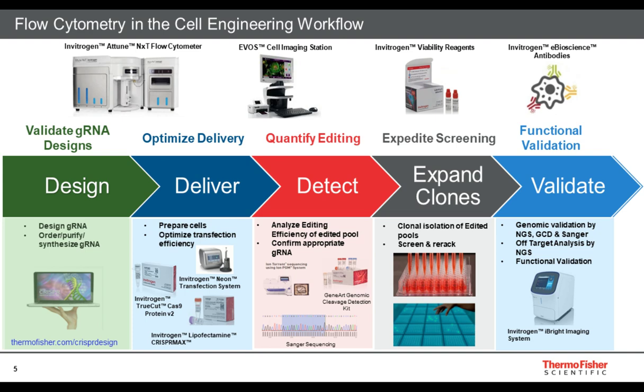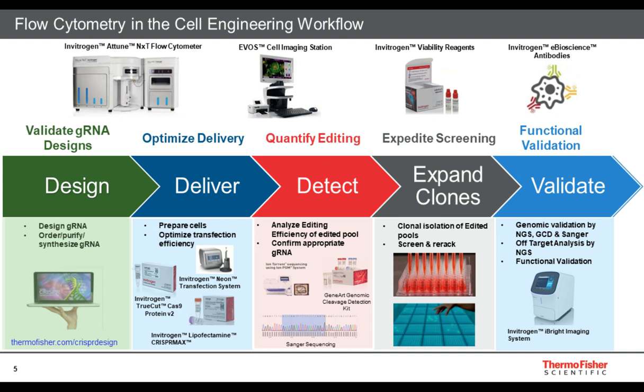You can use it to help optimize your delivery, as well as quantify your editing efficiency, and expedite the overall screening and clonal isolation process, as well as get that functional validation of your edited clones at the end.